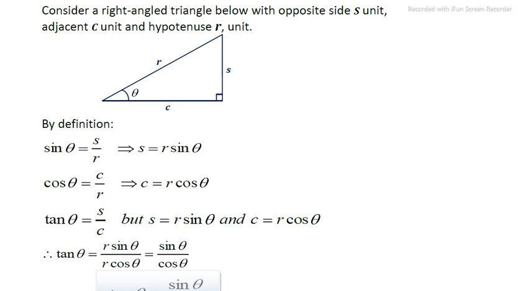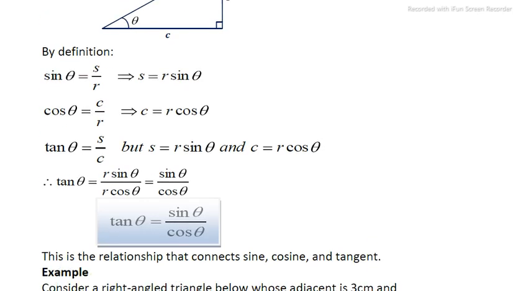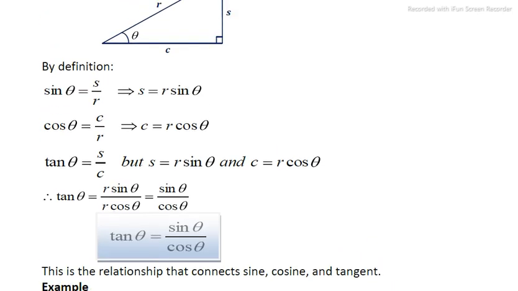So when we substitute in this formula, we shall get our tan as R sin theta over R cos theta. Since R is common, it cancels out to give us tan as sin theta over cos theta. So that is the relationship that connects the three, meaning that tan equals sin over cos.